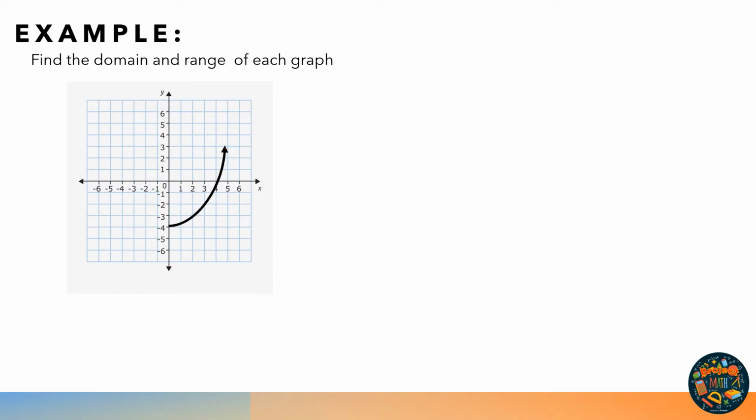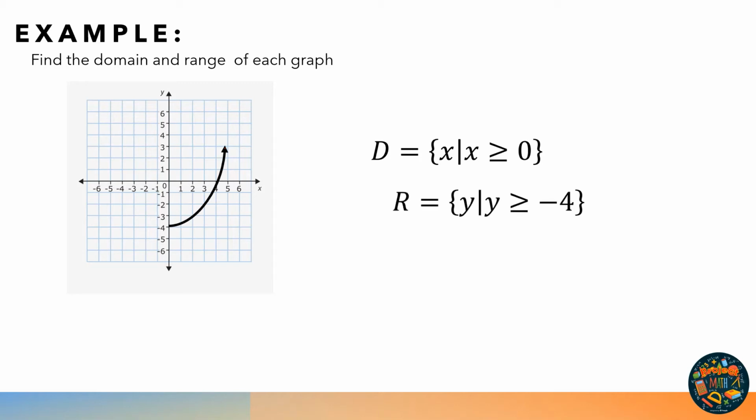So, ang domain natin is greater than 0 kasi nag-umpisa siya sa x from 0 papunta sa right, kaya greater than 0. At ang range naman natin ay set of real numbers which is greater than or equal to -4. Kasi nga, nag-umpisa siya mula dito sa -4 pataas.